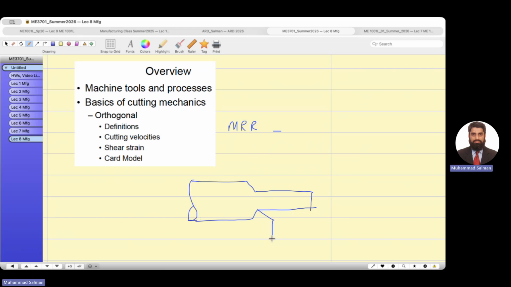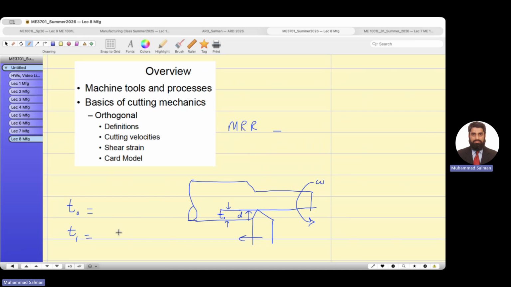And the tool is moving here. The material is in the lathe, okay? It is moving, and it has its own speed. And then you see the depth of cut. This is the depth of cut that the tool is inserting inside the cylinder, okay? And we call this t0. You will study what is t0, undeformed chip thickness, t1 deformed chip thickness.